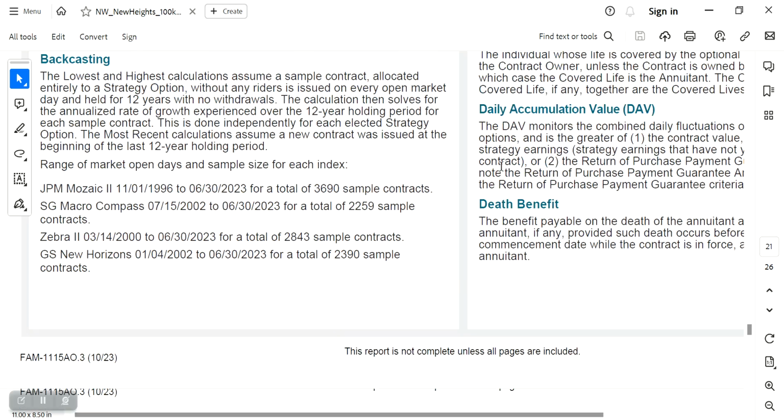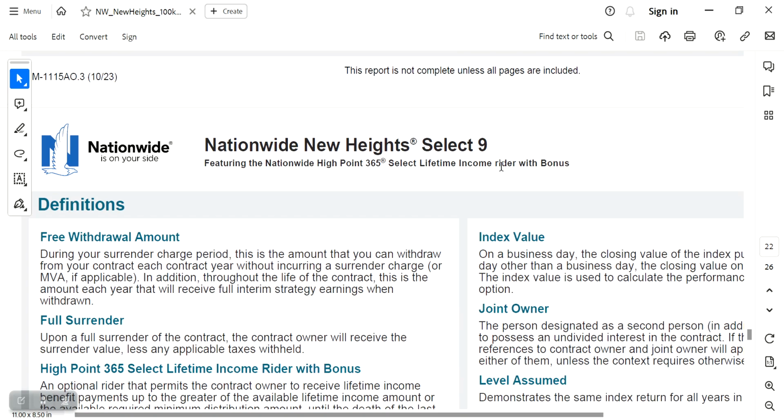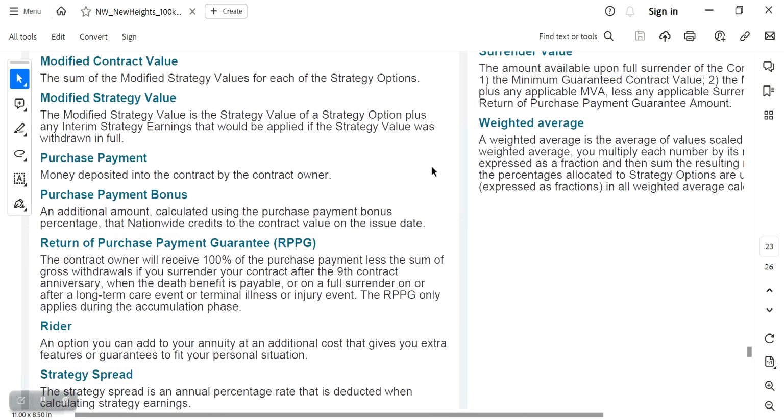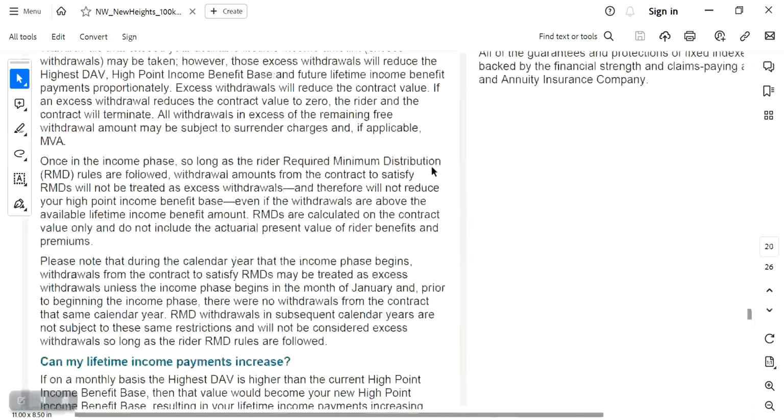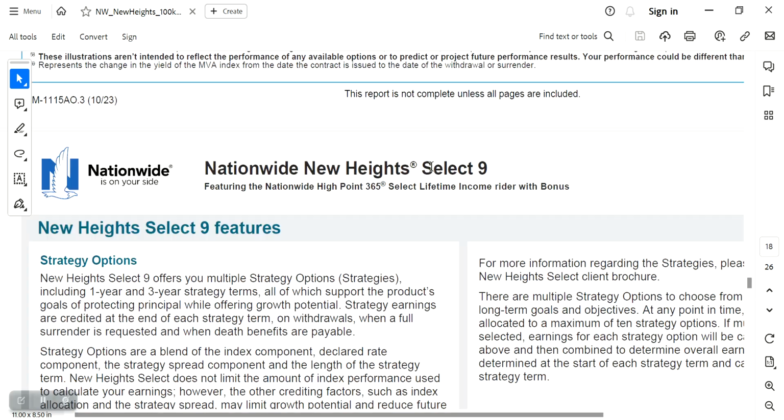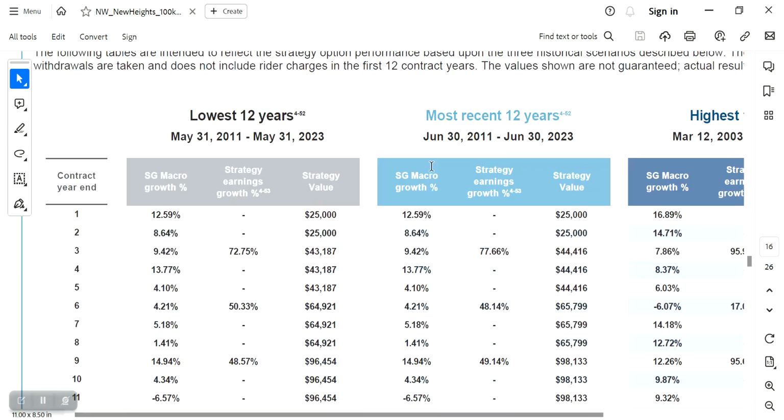But in this illustration, do you not present the data of the last 12 years, how these individual indexes have performed? No. The illustration that you created is the information that is shared. If you want to look at the performance of the underlying index, due diligence on your part does need to be done.